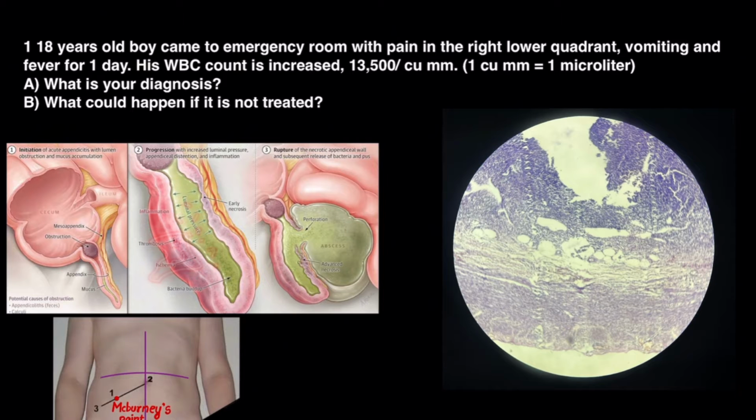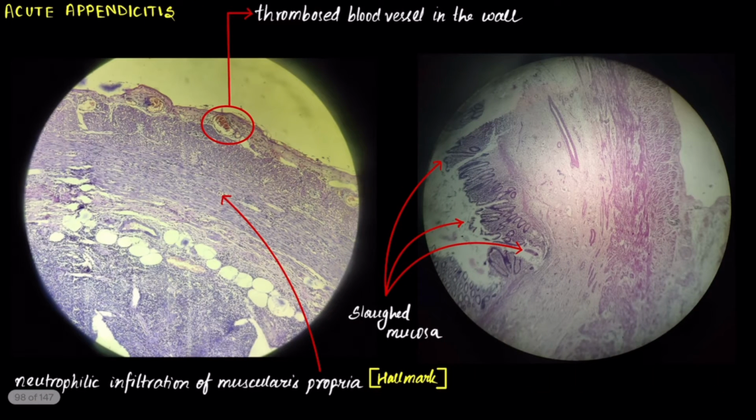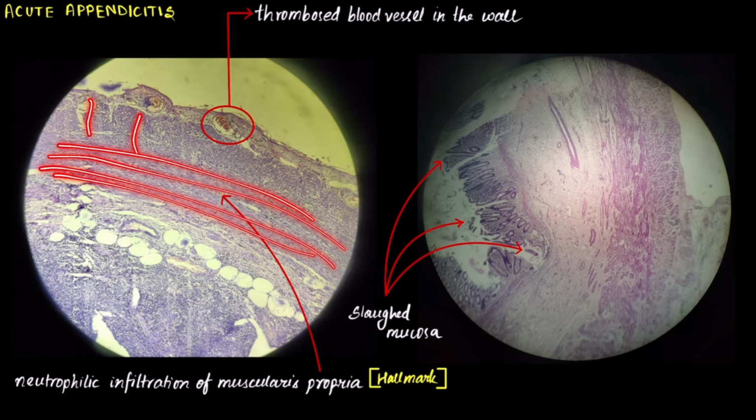These neutrophils are not just present within the lumen, they even infiltrate the wall of the appendix. So you can find neutrophils within the muscular layer. There's your circular muscle, there's the longitudinal muscle, and then you can find the nucleus of neutrophils throughout the muscular layer. This is the hallmark feature.